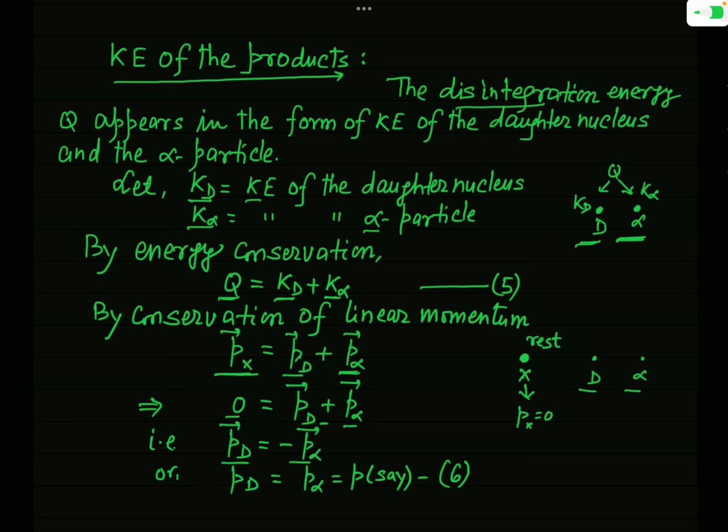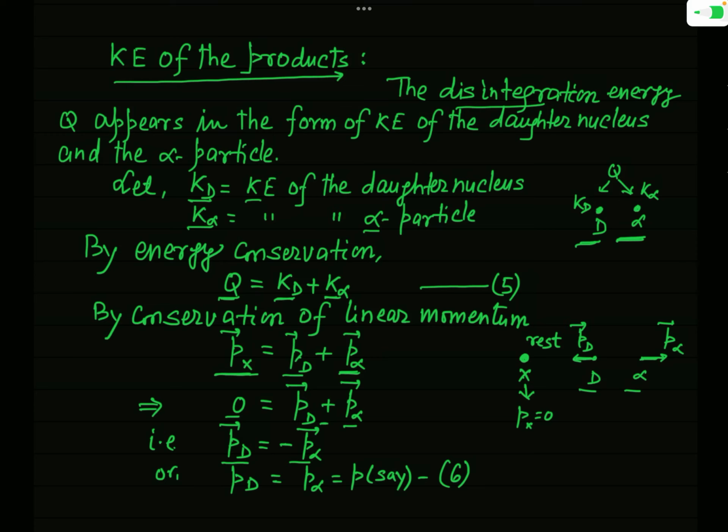It means that the linear momentum of alpha particle and the linear momentum of the daughter nucleus both will be same in magnitude, but this minus sign implies that their motion will take place in the opposite direction. So if you consider that our alpha particle starts moving in right direction, this nucleus will recoil in left direction. So Pd is equal to minus P alpha, but magnitude of these two momenta will be same.